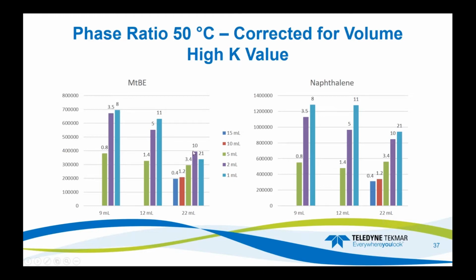Going from 400,000 area counts to 700,000 area counts isn't like what we saw before, where we saw a 3 to 4 times increase in that peak area. Same way with naphthalene for all 3 different volumes in there.